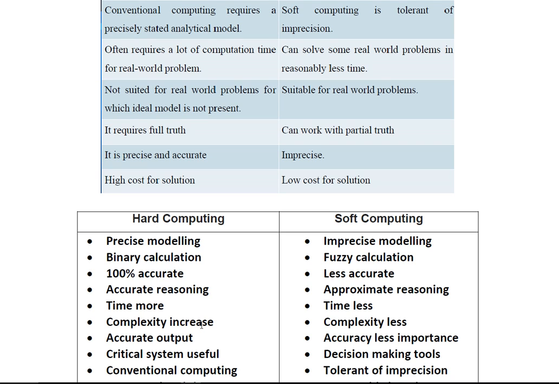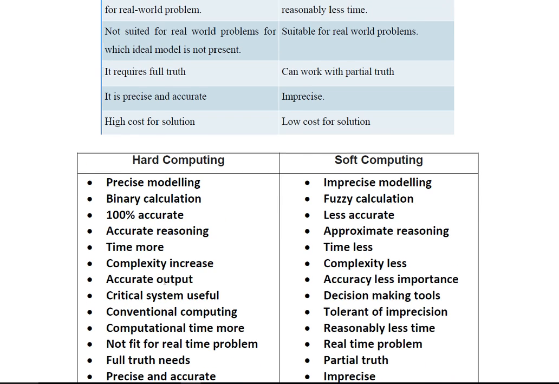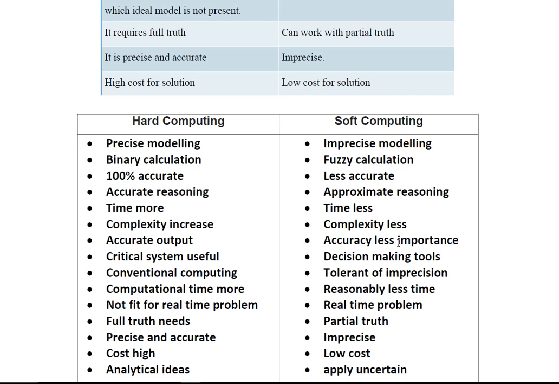Complexity increases if the particular input-output conditions need to be more and more precise, then the complexity of the model will increase. Whereas in soft computing, complexity becomes less because it works not on the exact value but on the imprecise value. Hard computing produces accurate output, whereas in soft computing accuracy is of less importance.